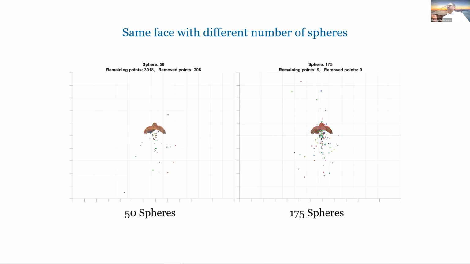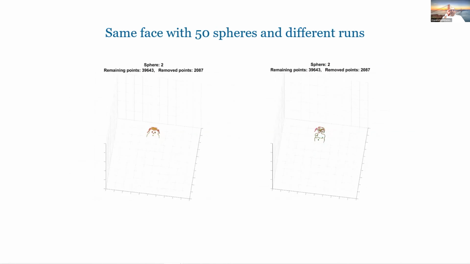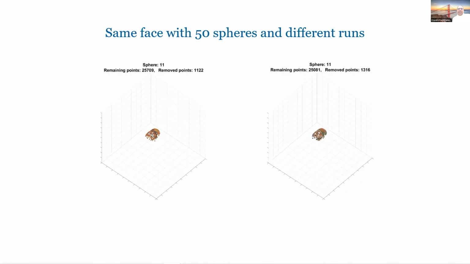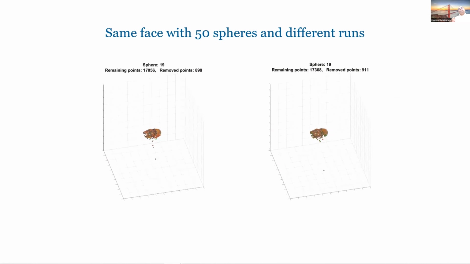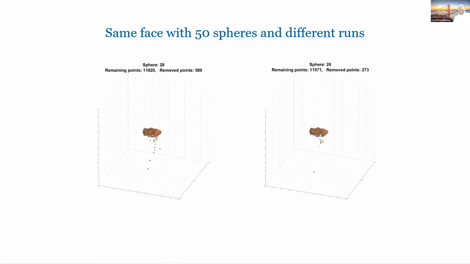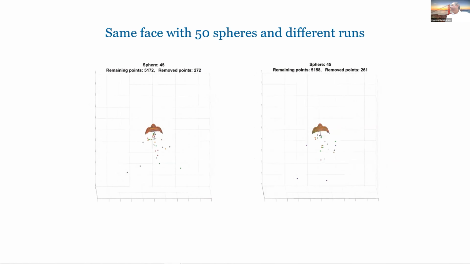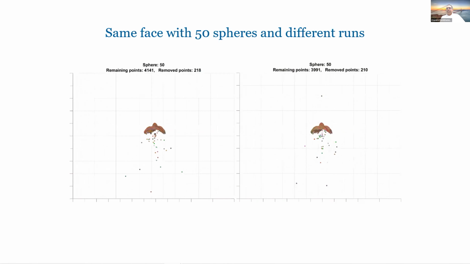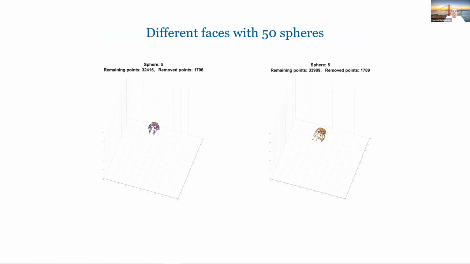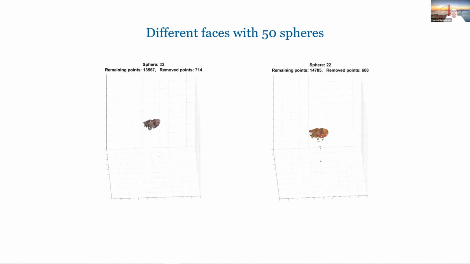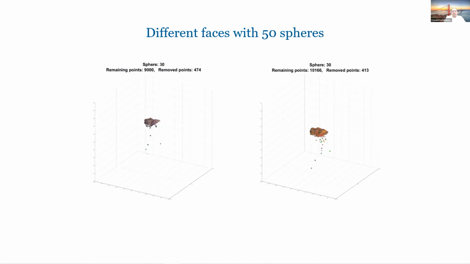Each color represents a different sphere. These are different runs. If it's random, you'll have different centers, but usually we found that they are distributed similarly. So these are just different faces showing the centers also.